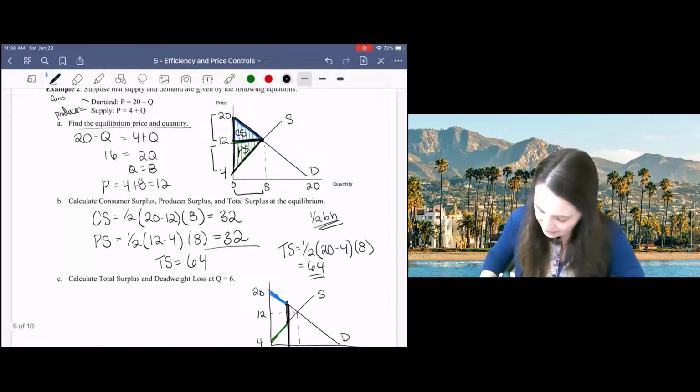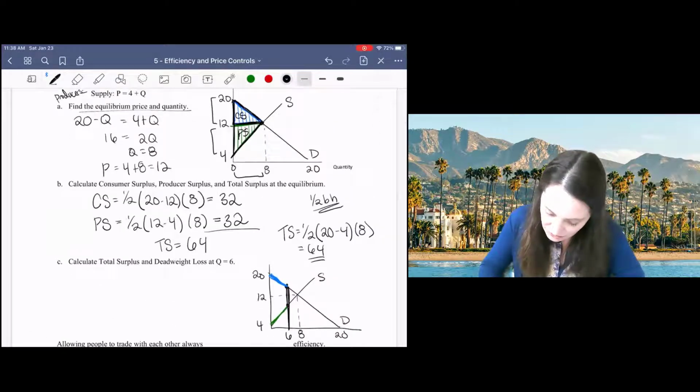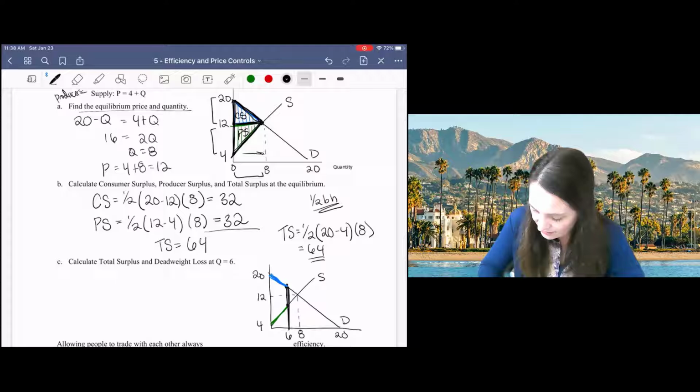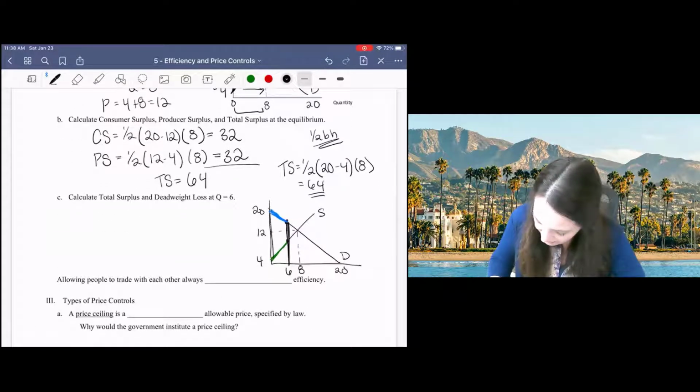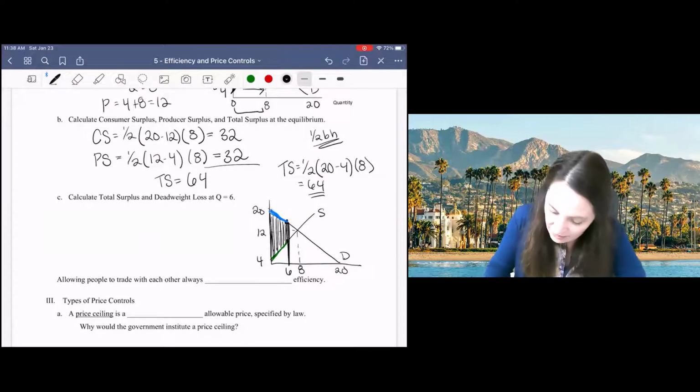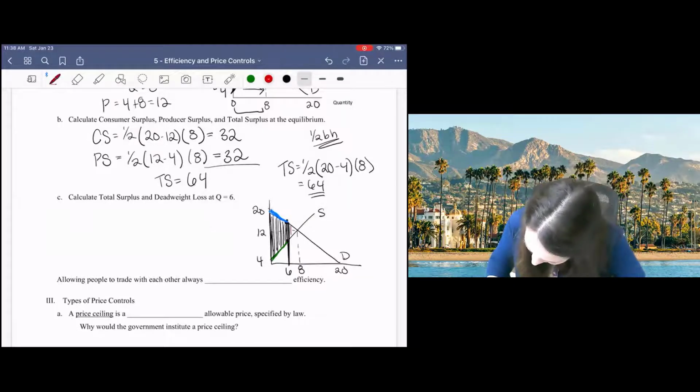So if we compare that to before, where total surplus was the entire area of the triangle between supply and demand out to a quantity of 8, you can see that our total surplus here will be smaller. We get this area just like we did before, but now we're missing this area here.